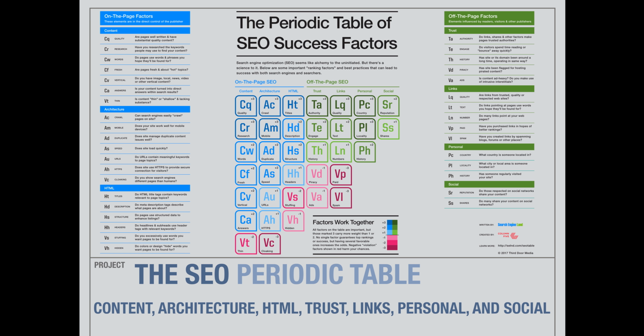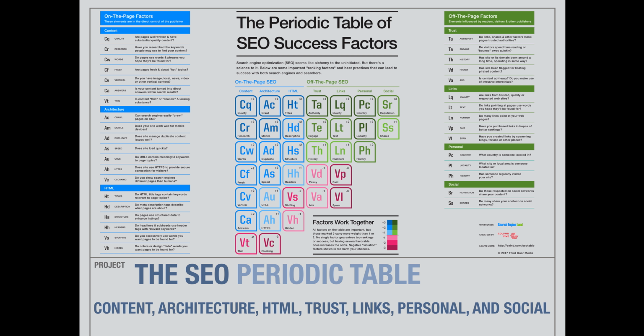In the top right corner of each element, you can see that they have ranking factors. A +3 is going to mean that it's of very high importance. And then you can get all the way down to the bottom in the red and pink, from the -1 to the -3. Those are bad things. Those would be considered black hat tactics and things that we want to avoid doing.